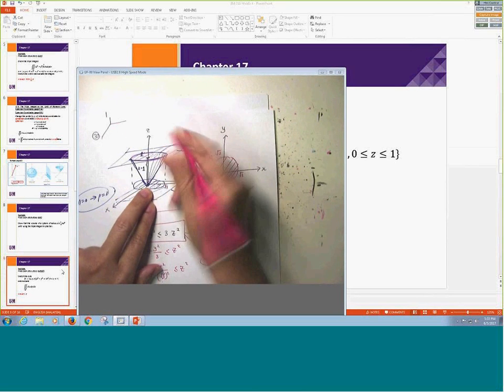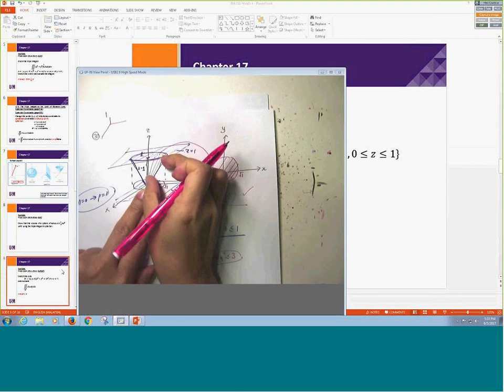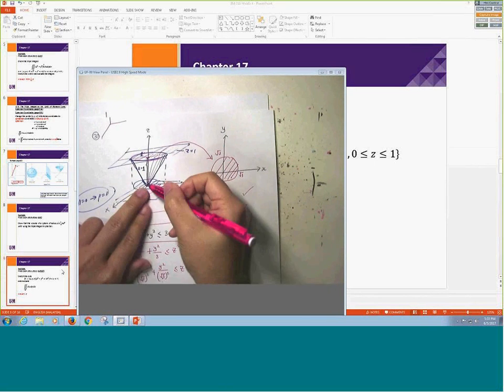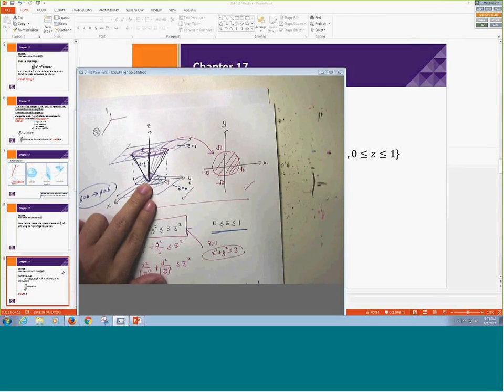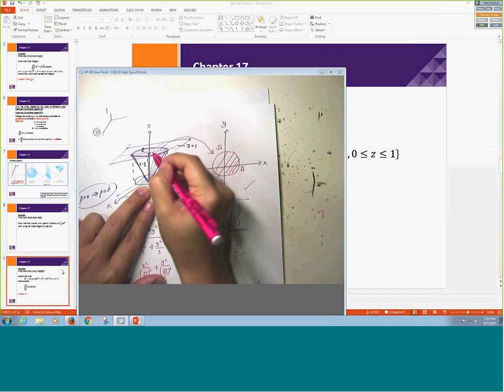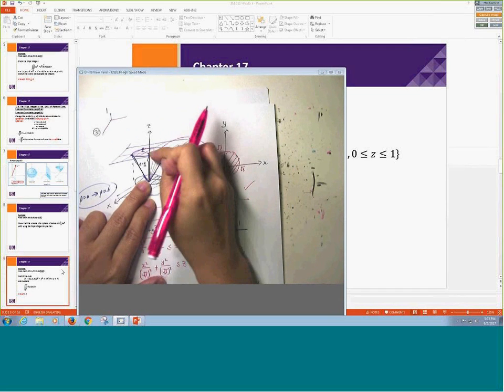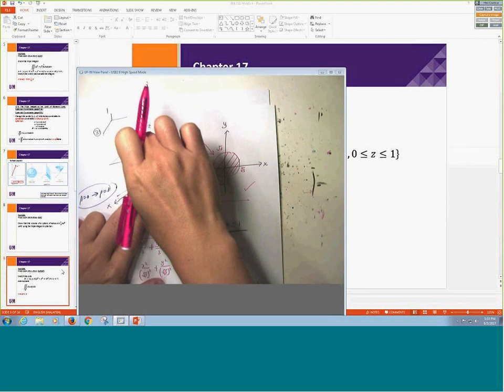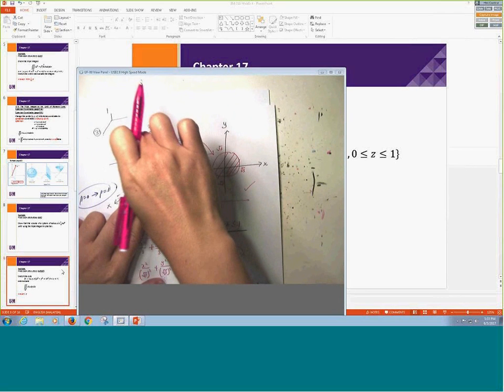It's longer, maybe greater than 1. So it will not be a constant, it will be a function, because the distance from here to the surface here is not 1. Only the orthogonal, straight line here is 1.